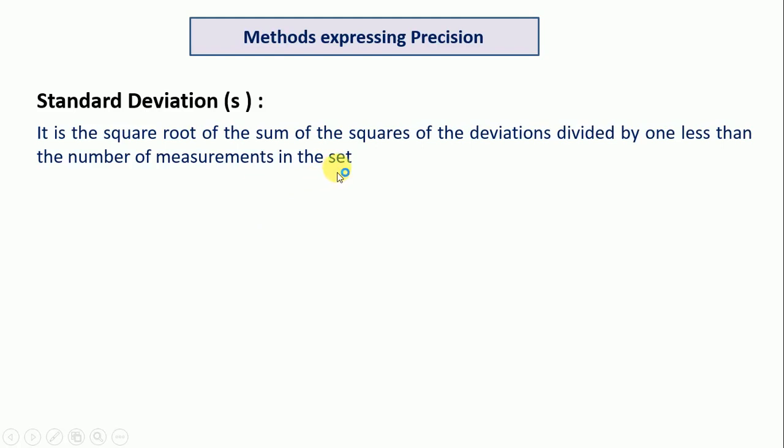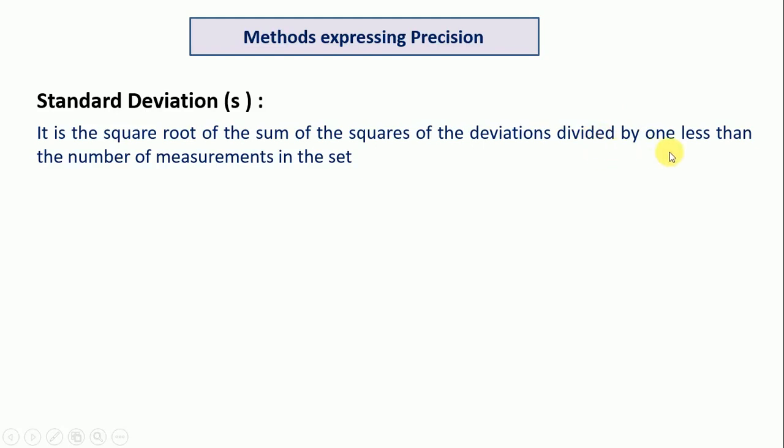Take the square of all deviations, and suppose there are 6 deviations, then divide by 5, because it is 1 less than the number.